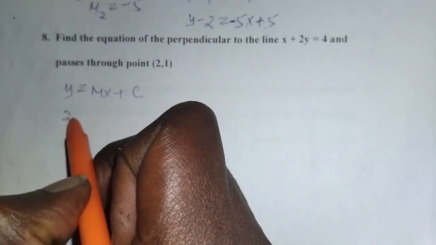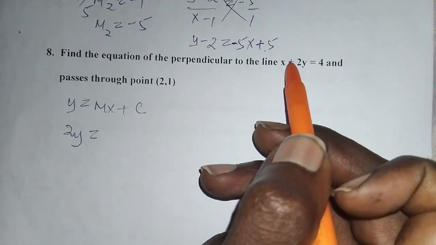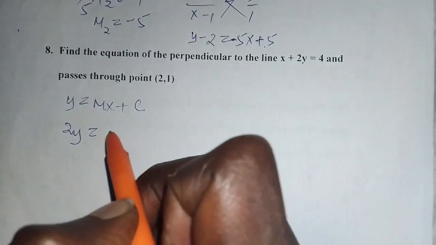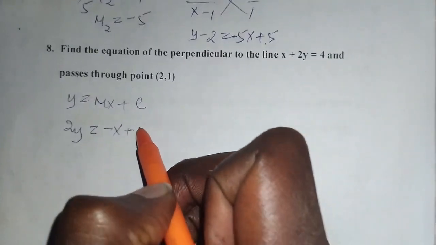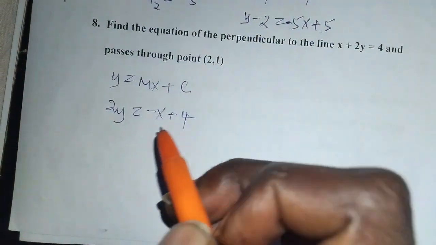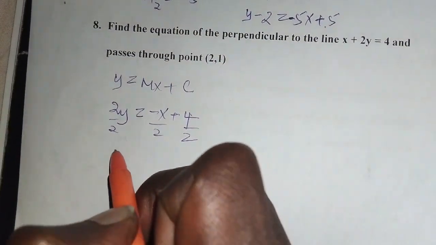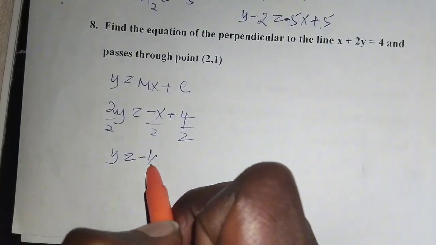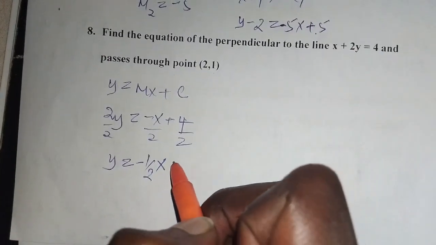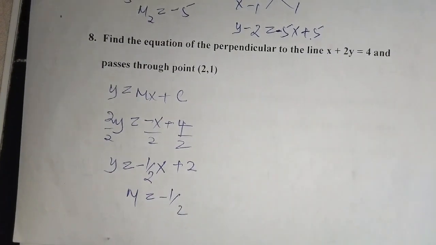You shall have 2y equals negative x plus 4. Divide by 2 throughout, so y will be negative a half x plus 2. It means your gradient is negative a half.